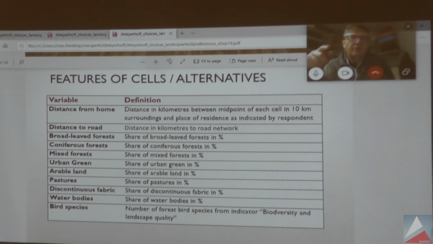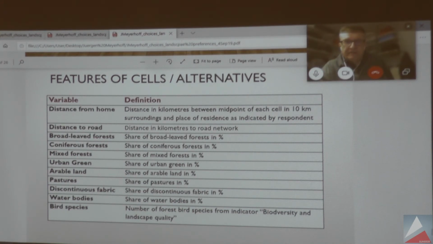And going further down, for example, we calculated the share of broadleaf forest or coniferous forest, the share of arable land and pastures, and also whether there are water bodies present, or, as you can see in the last row, the number of bird species that might be present.